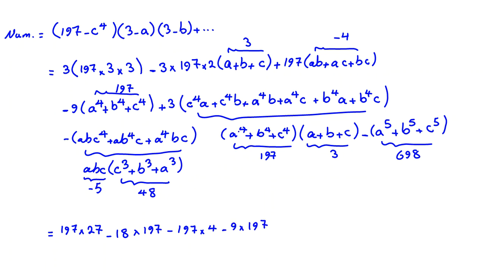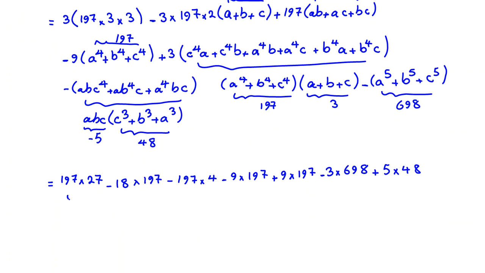The next one you say okay, 3 times 3 plus 9 times 197. 3 times this, negative 3 times 698. And the last part is negative negative plus 5 times 48. Okay, so here we can factor out 197 in all these terms. It will be 197 times: 27 minus 18 is 9. 9 minus 4 is 5. 5 minus 9 is negative 4. Negative 4 plus 9 is 5.